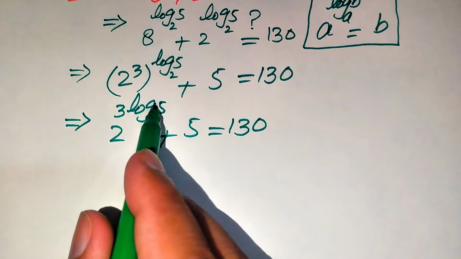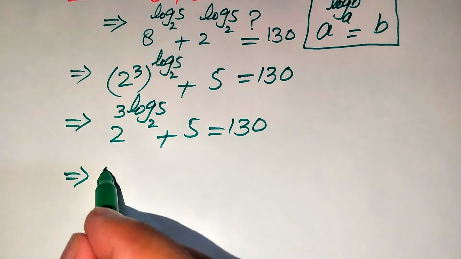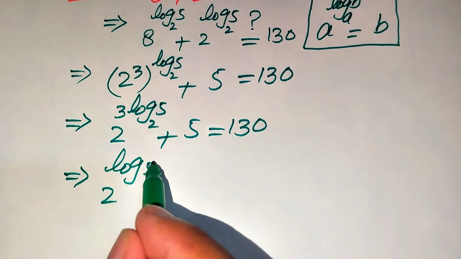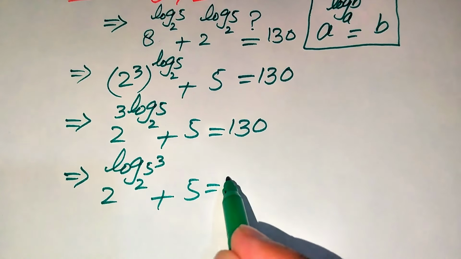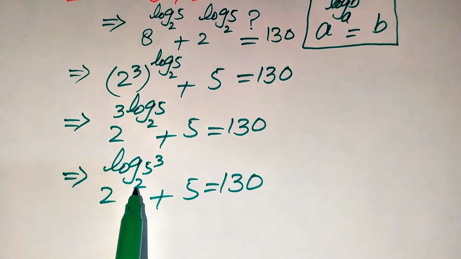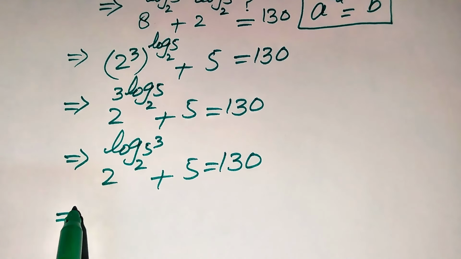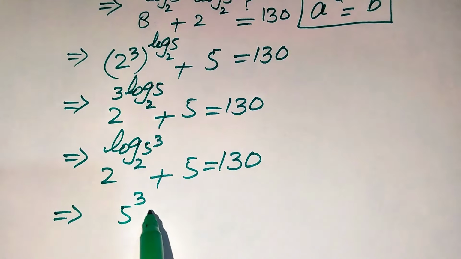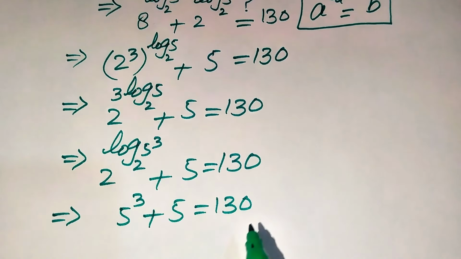Here we move this 3 to the exponent of 5, and it will be written as 2 to the power of log of 5 cubed with base 2, plus 5 equals 130. You see that this is log with base 2 and this is also base 2, so these cancel out, and we obtain 5 cubed only, plus 5 equals 130.